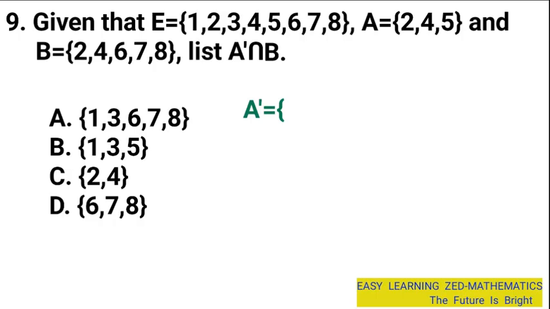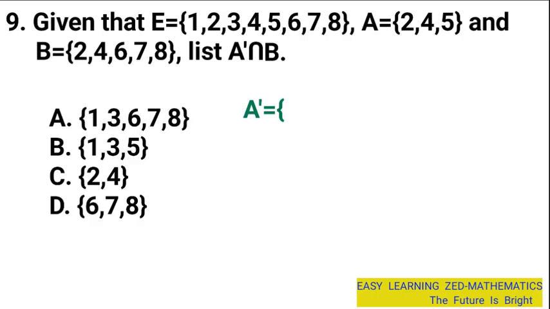In this question, when we say A complement, we are asking you to find members that are found in the universal set but they are not found in set A.